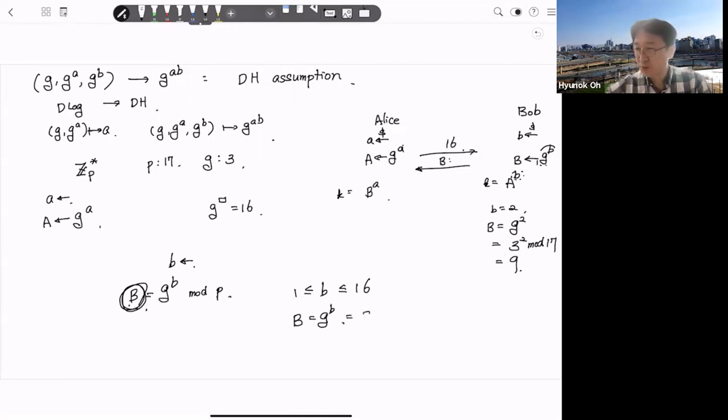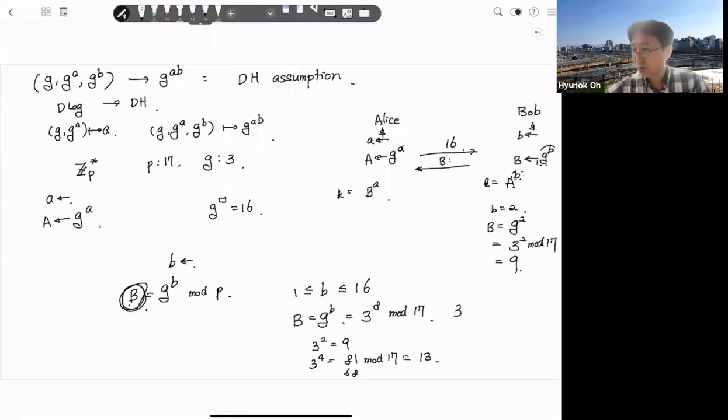How can you compute 3 to the 8 mod 17? 3 squared is 9. 3 to the fourth is, how much is it? 13, right?